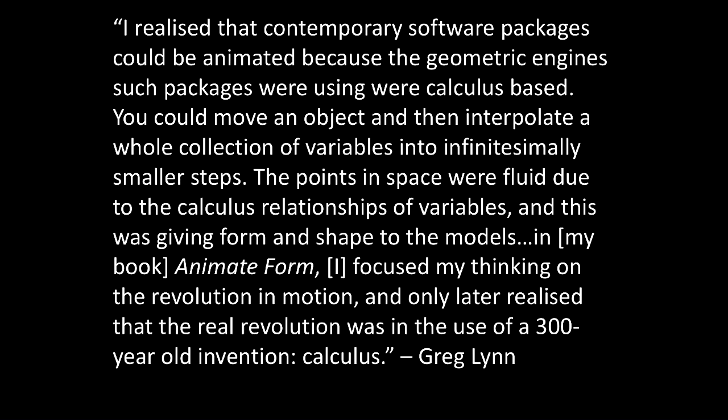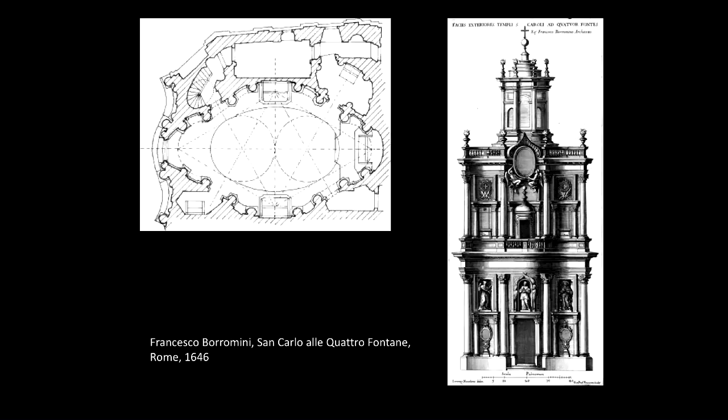And so it's also Lynn's ability to understand at least this much about mathematics and relate it, and not only know how to do mathematics, but understand the concepts and then apply them to create these different forms. That led him to look at, to animate, these curvilinear forms in the Baroque.